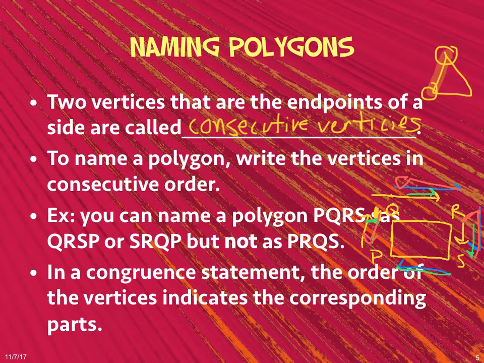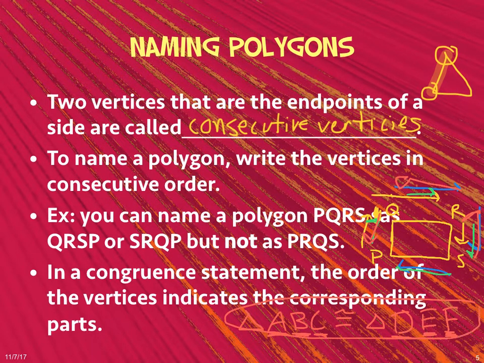So if I had triangle ABC and I was saying that that was congruent to triangle DEF, angle A will have to be congruent to angle D, angle B will have to be congruent to angle E, and angle C would have to be congruent to angle F. So this right here is a congruent statement saying that these two triangles are congruent, and the order of the vertices that you write in this congruent statement indicate the corresponding parts of that triangle or the polygon, the rectangle, whatever the shape is.